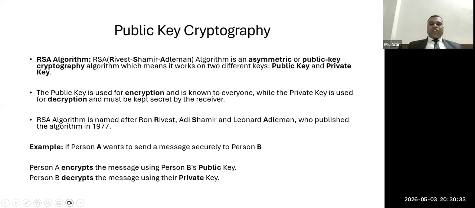One is the public key, used for encrypting the data. The second is the private key, used by the destination for decrypting the data or information. Keep in mind, guys, the public key is available to everyone, but the private key is with the destination person.